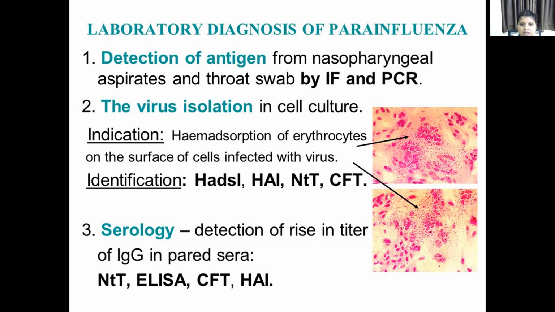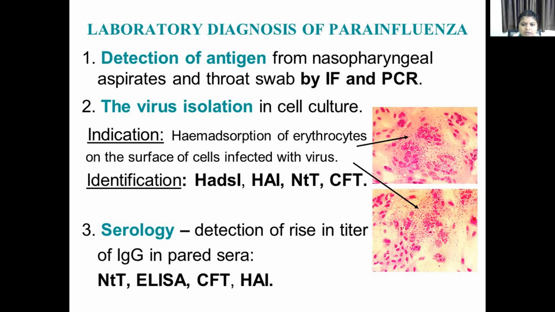Virus can be isolated by using the chick embryo, using the amniotic route. After 10 days, we'll get the growth in the amniotic fluid. This growth can be identified by using the hemagglutination inhibition test. Okay, hemagglutination inhibition or hemadsorption test.